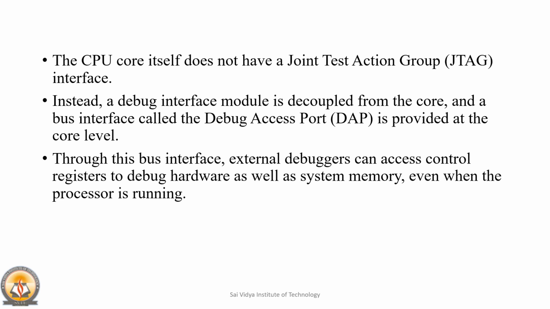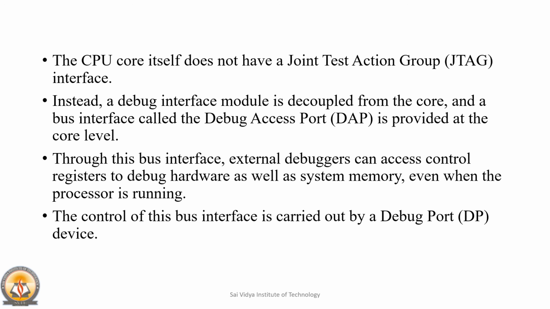Through this bus interface, the external debuggers can access the control registers to debug hardware as well as system memory even when the processor is running. The control of this bus interface is carried out by the debug port, or the DP device.